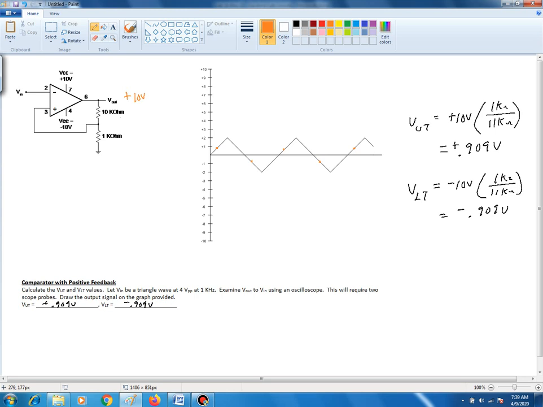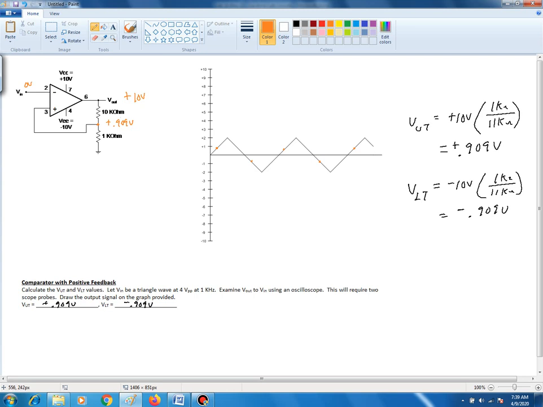And so therefore we're going to have positive 0.909 volts at this junction right here. So therefore your Vin on the triangle wave, if we're starting off at 0 at Vn, because the triangle wave is starting at the origin, so it's at 0 volts right now.